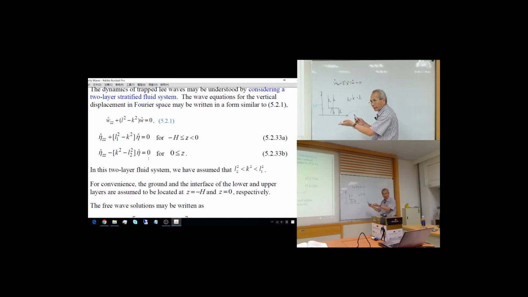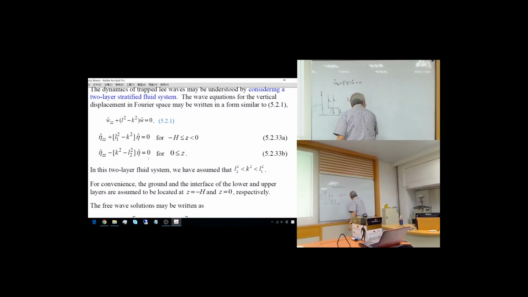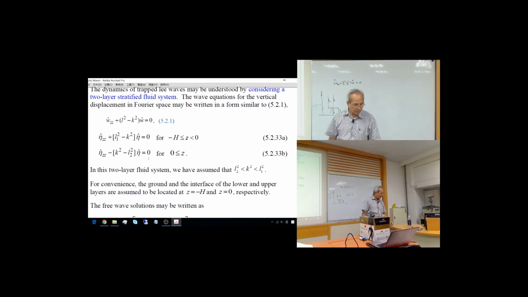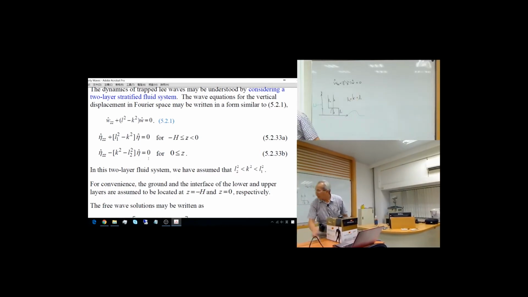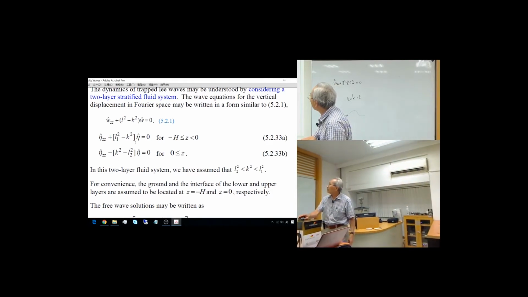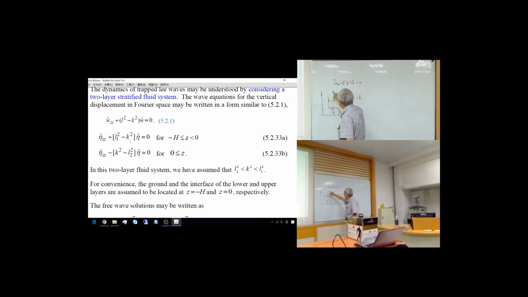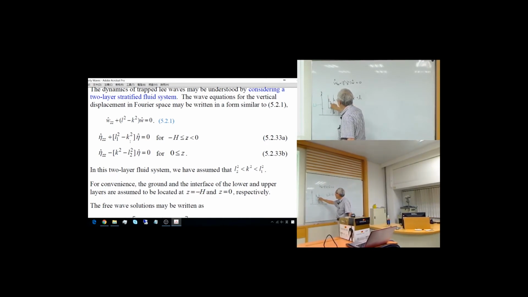Now we have the background. This becomes two equations, and we just follow what we did before. In the lower layer we have L1 square minus K square, because L1 square is greater than K square. In the upper layer we have K square minus L2 square, because K is greater than L2.